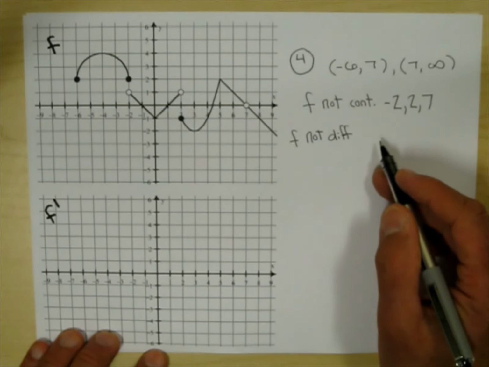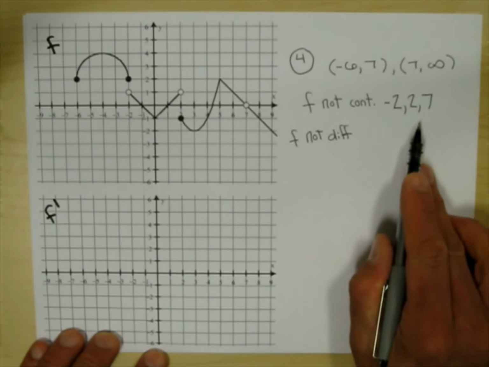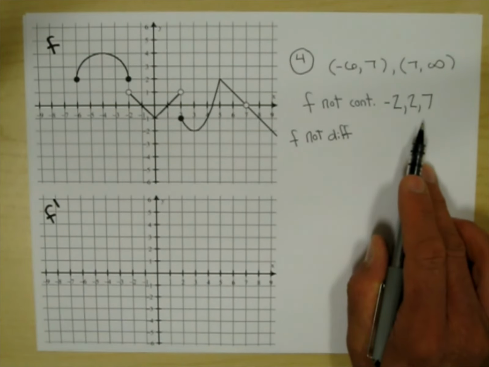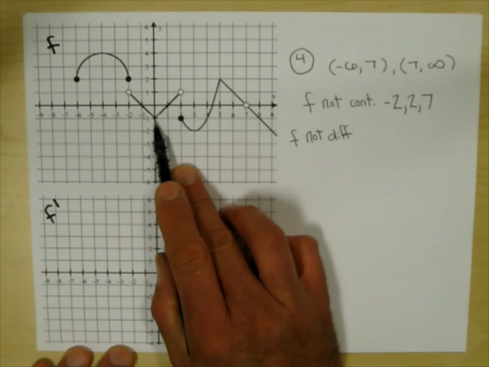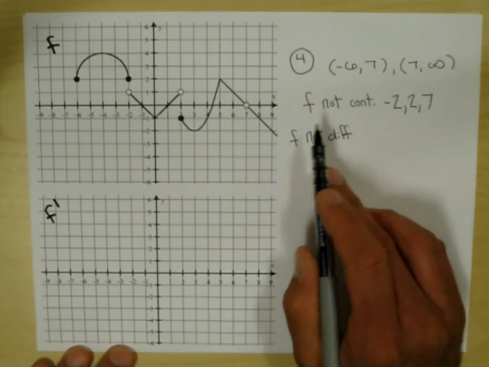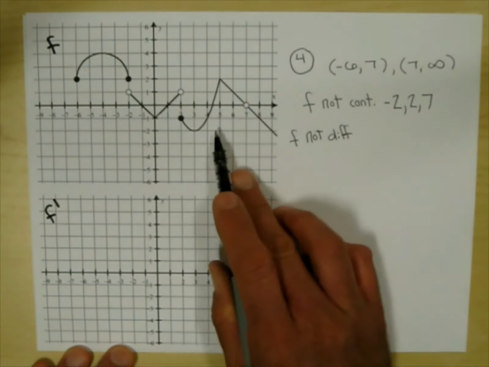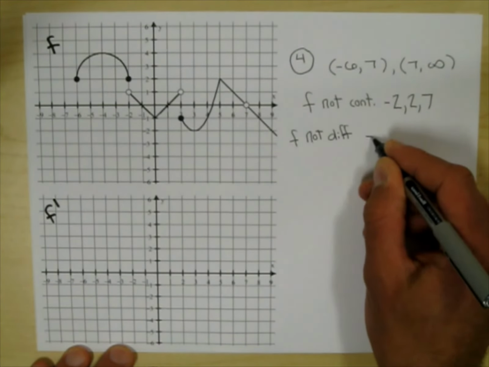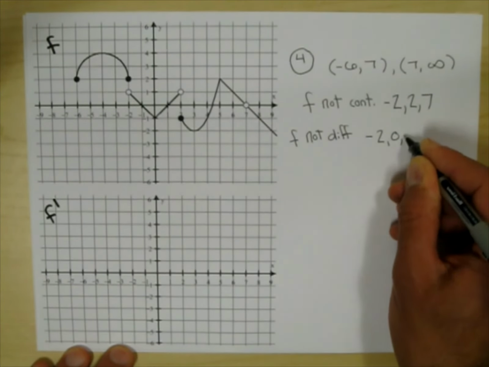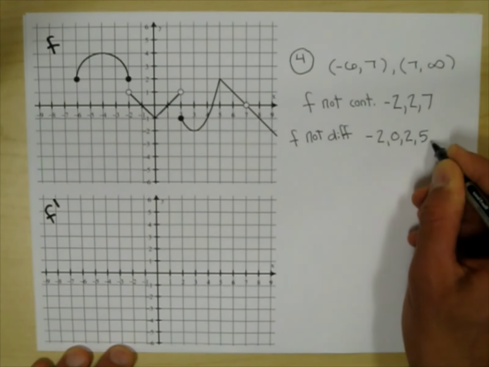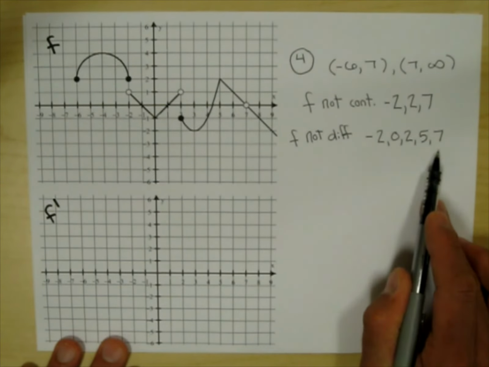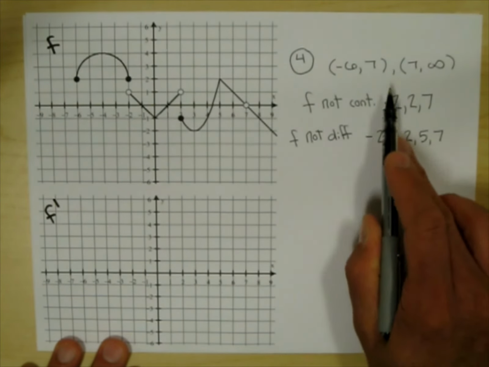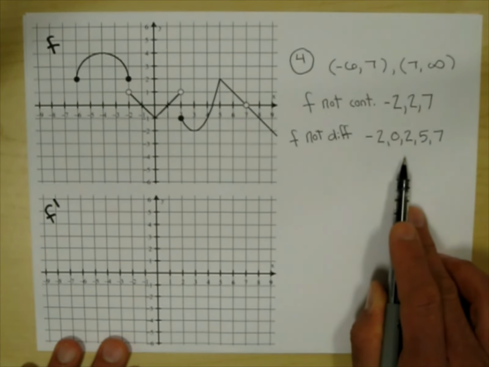F is not differentiable at these discontinuities, but is there another place where f is not differentiable? Well, at these corners. Look, there's a corner there and there's a corner there. So I would have to put 0 into this list here, and also 5. So -2, 0, 2, 5, 7. So when I draw my graph of f prime, I better not have graph at any of those x values. Okay, we kind of already knew 7 wouldn't have a graph.